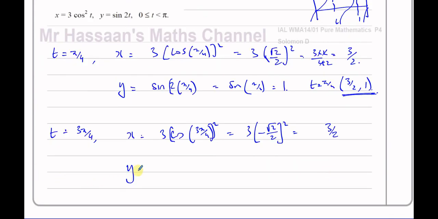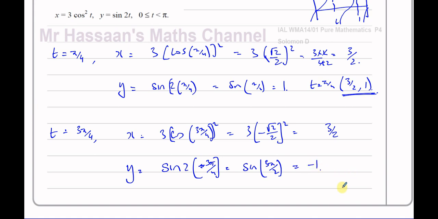And the y-coordinate will be the sine of 2 times 3 pi over 4, which is going to be the sine of 3 pi over 2. Now the sine of 3 pi over 2 is going to be negative 1.